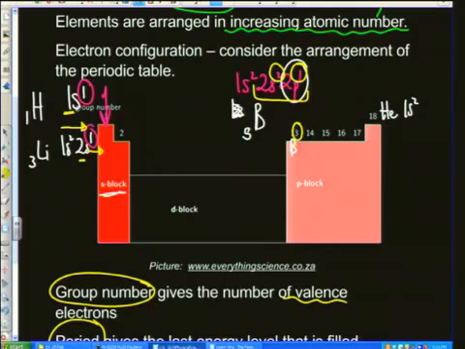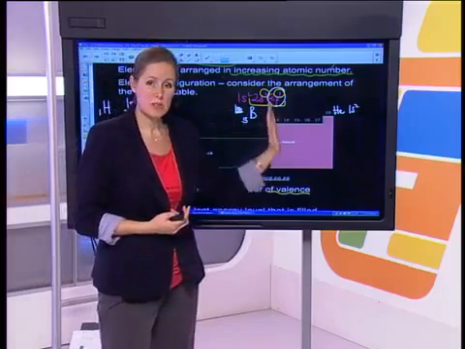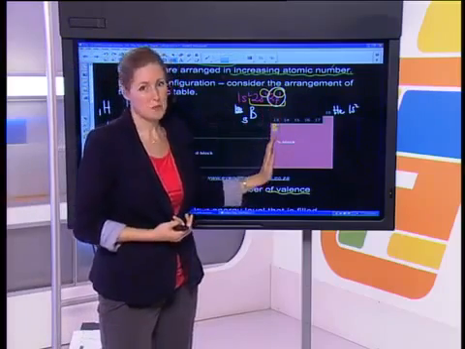Now, I want to note that it is called group 13. Why is it called group 13? Well, because what about these other 10, the transition metals? Surely you can't just ignore those. So some periodic tables you might find begin those with group 3.